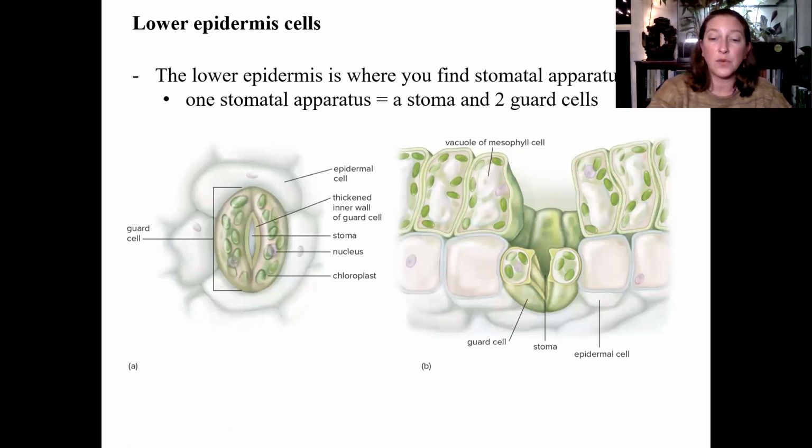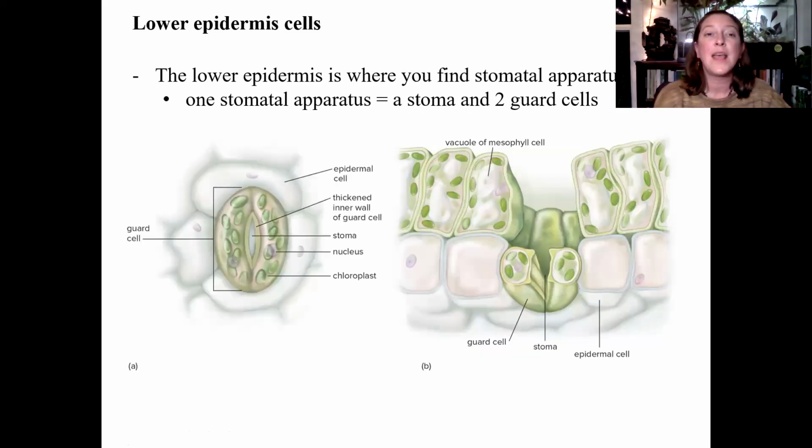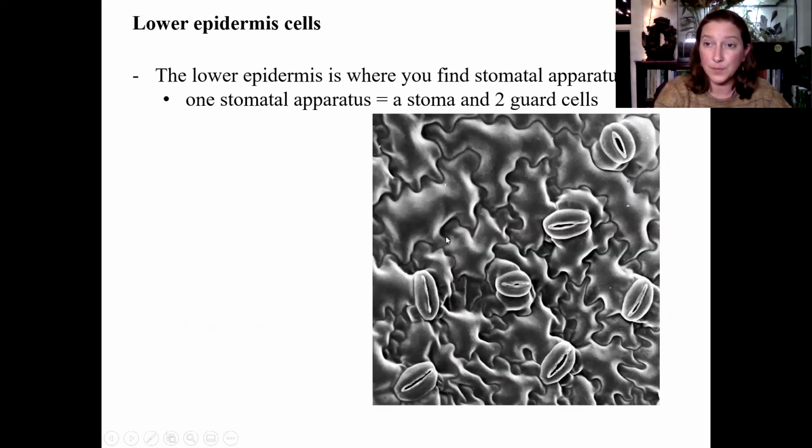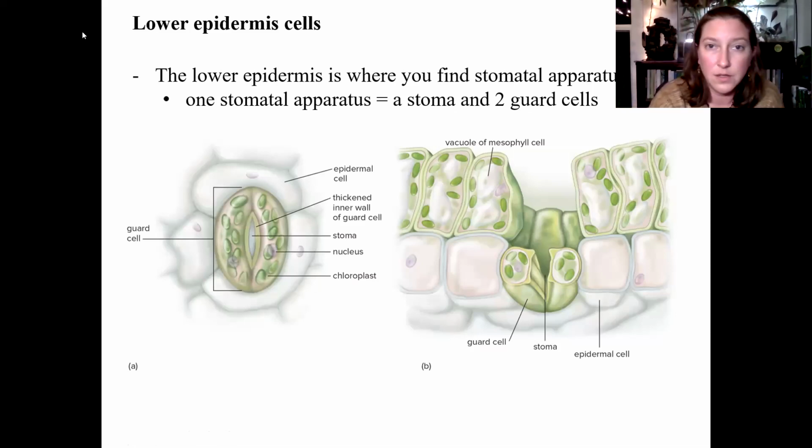So that was a real picture of an actual lower epidermis of a leaf. Here's a diagram of that. On the left here, this is what's being shown on this, same kind of orientation.